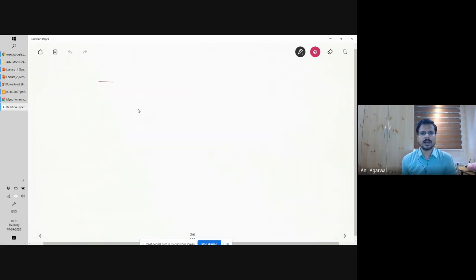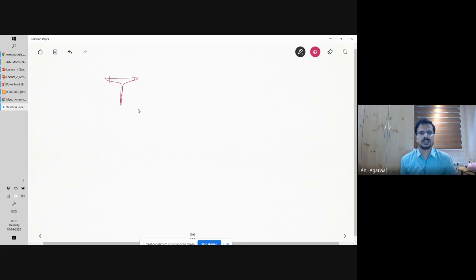So regular I sections typically have flanges which look like this. Correct? And again, the drawing is not very easy.